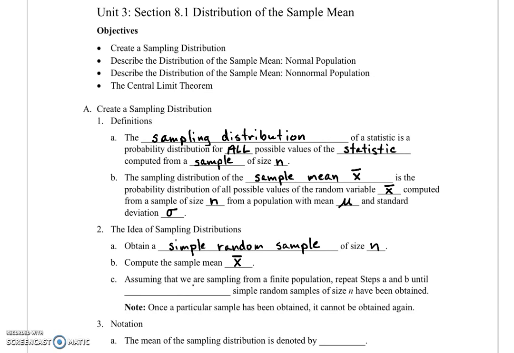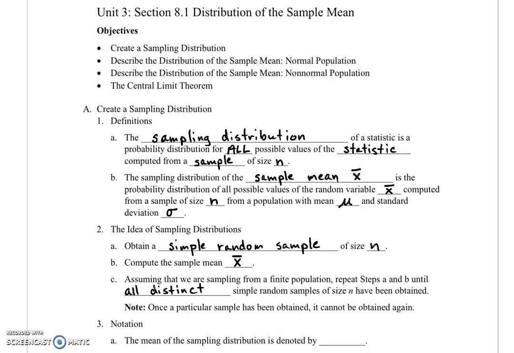And assuming that we're sampling from a finite population, we keep doing steps A and B until all distinct simple random samples of size n have been obtained.